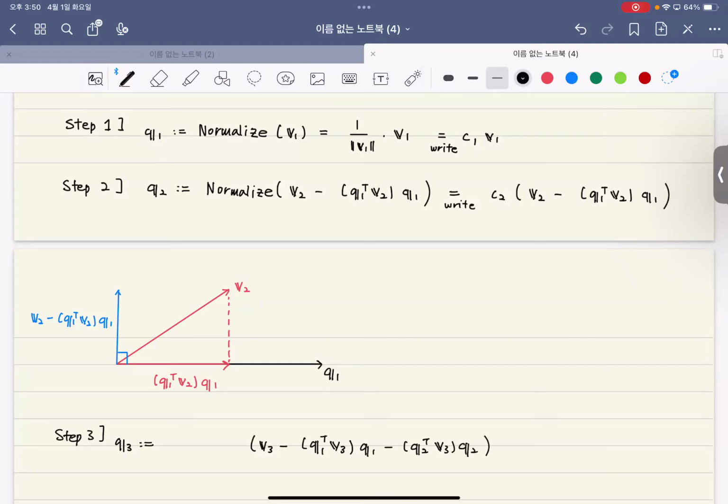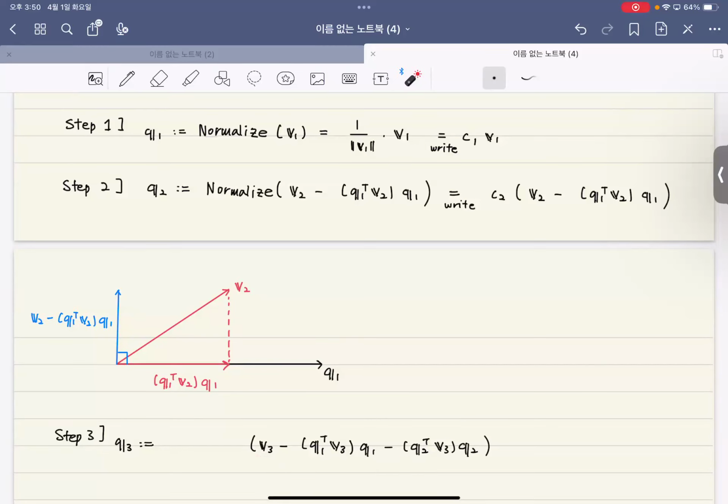So what remains is all the remaining component, which is orthogonal to vectors Q1 and Q2 at the same time.